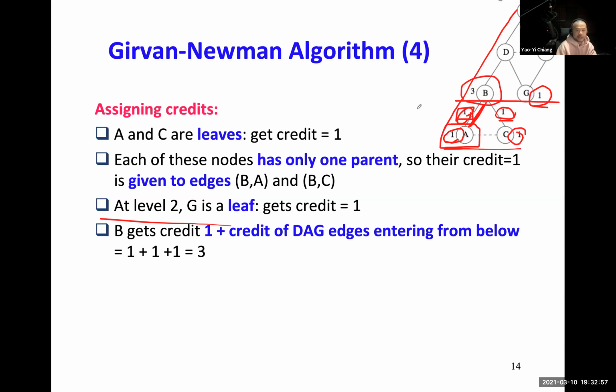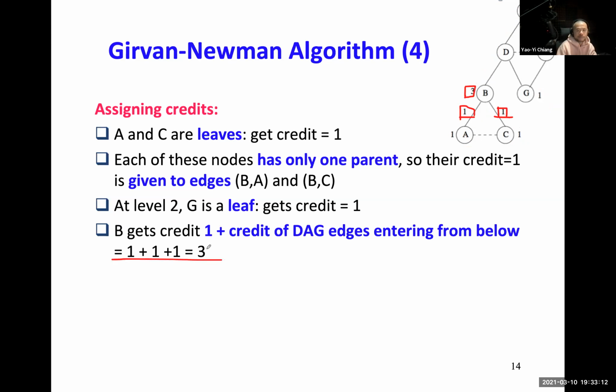We can look at the edges below B but connected to B, so 2. Plus 1 for B itself, so 1 plus 1 plus 1 equals 3. Okay, so B gets credited 1 as you would credit A, C, and G. So now B is 3.